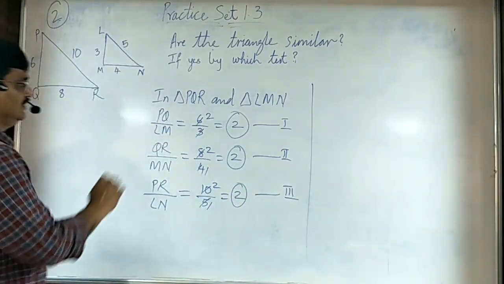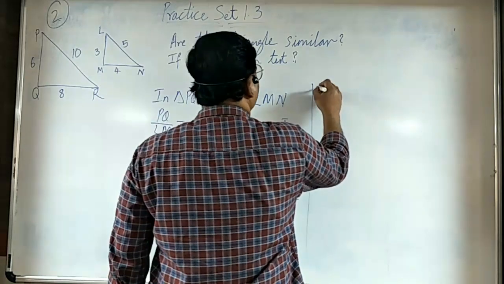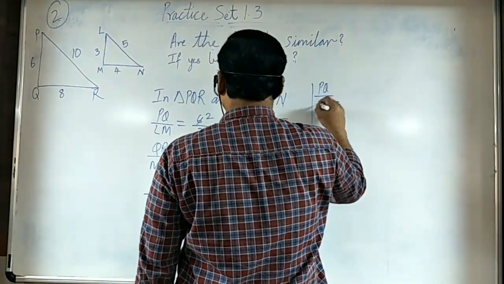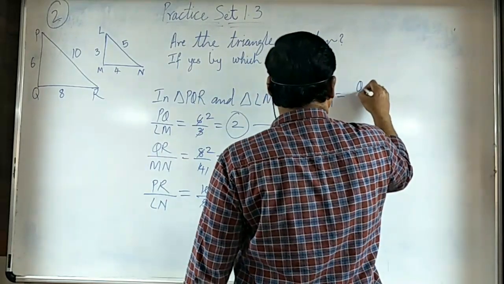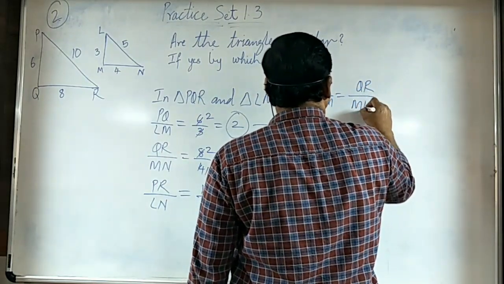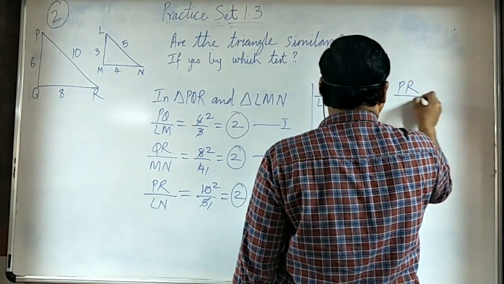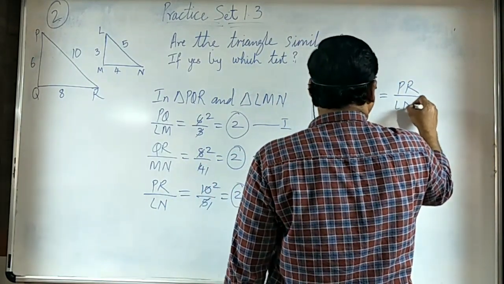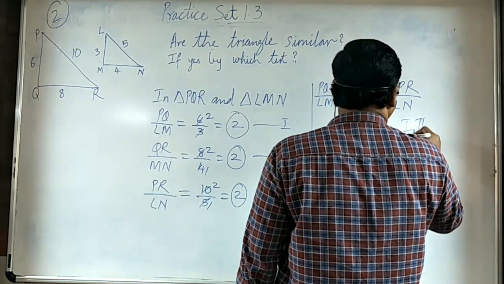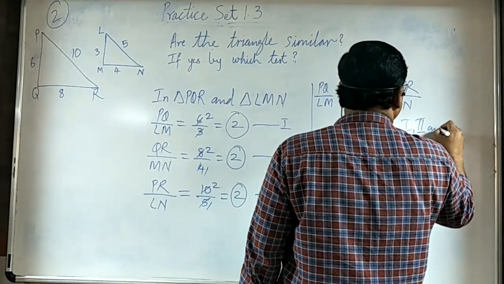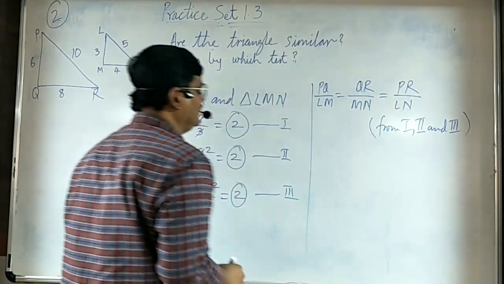I'll write here PQ upon LM is equal to QR upon MN is equal to PR upon LN. And from where did I get it? I got it from the 1st, 2nd, and 3rd statements.